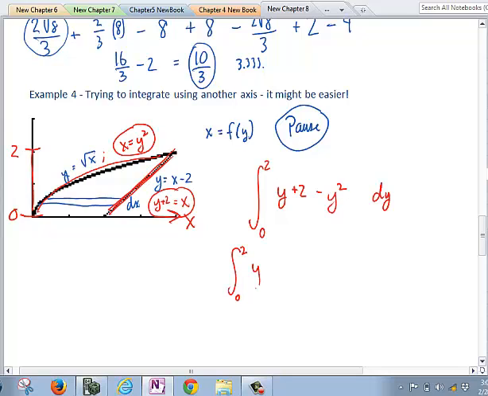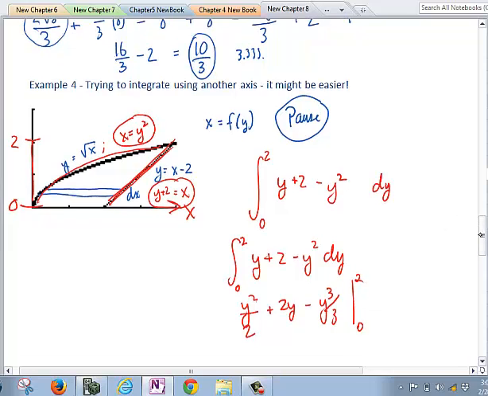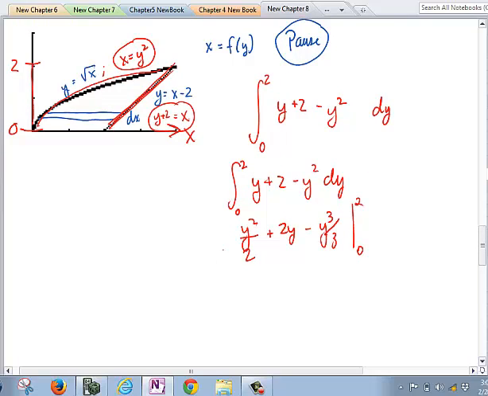We have to integrate y plus 2 minus y squared dy. The antiderivative is y squared over 2 plus 2y minus y cubed over 3. We're going to evaluate that from 2 to 0, and when we do that evaluation, you're going to see that we just plug 2 in.